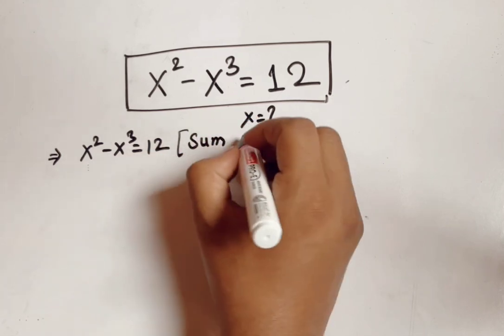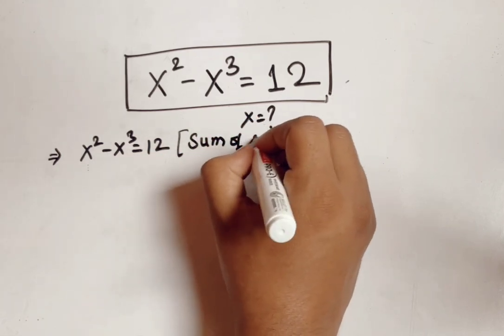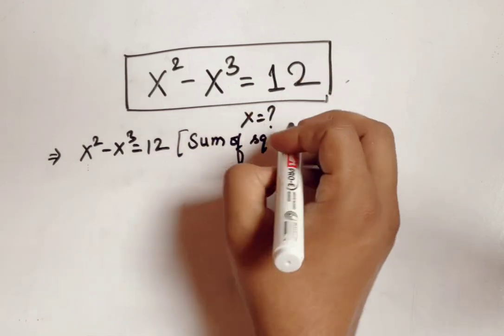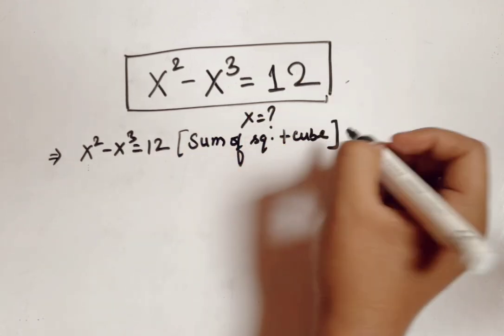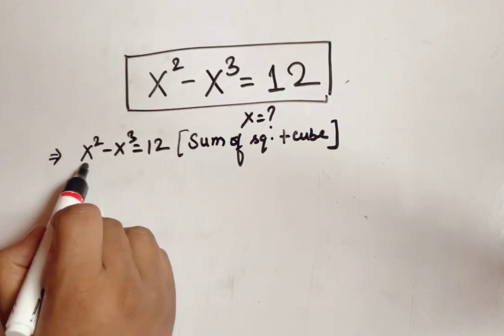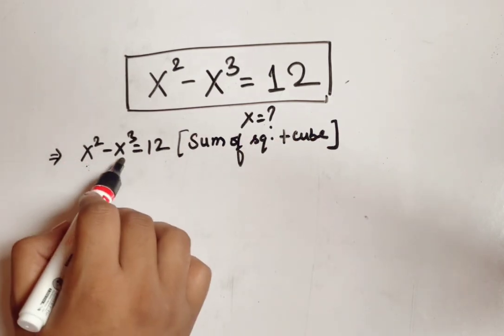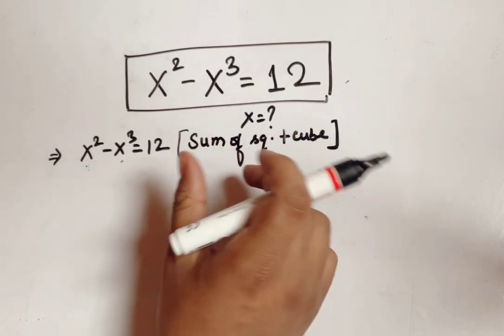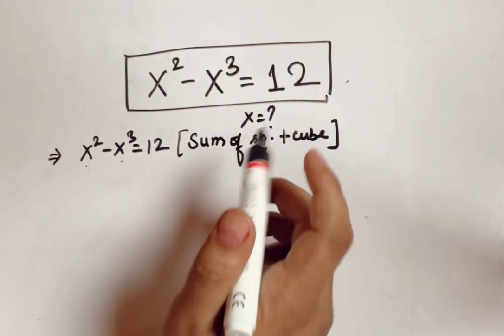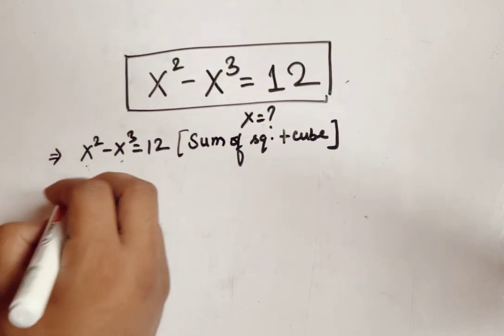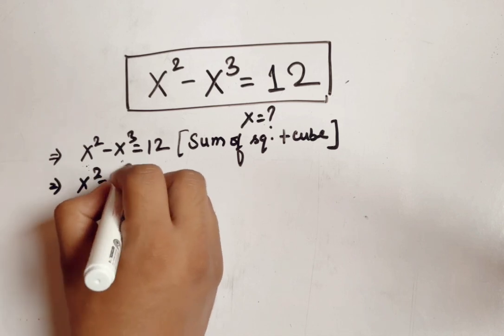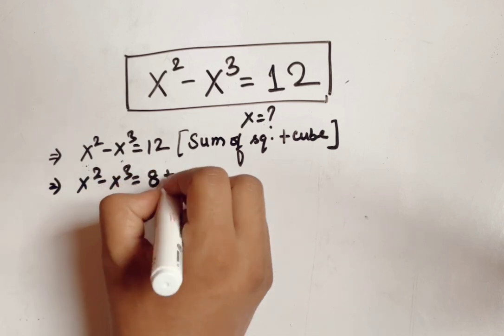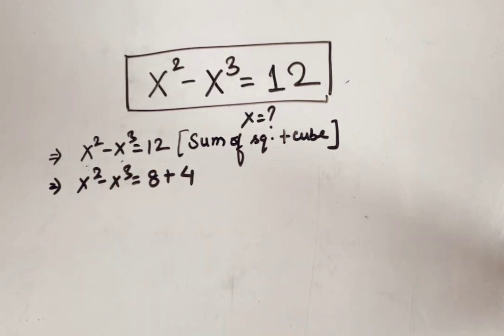Sum of square of a particular number and cube of that same particular number. Okay, because it is x not y here, so it's x and x, so we'll have to operate with the same number. Okay, so yes, I think it can be written in the form of 8 plus 4. Okay, 8 plus 4 can be written.